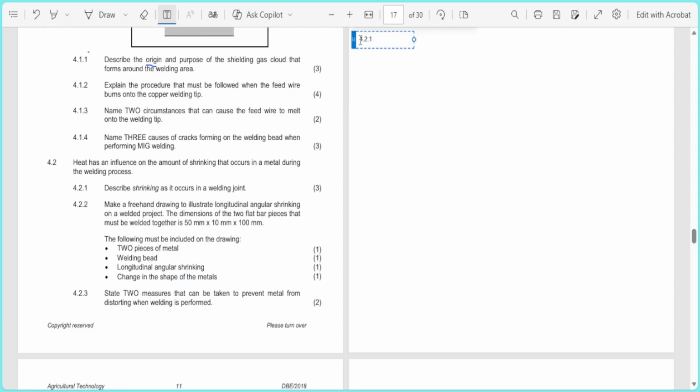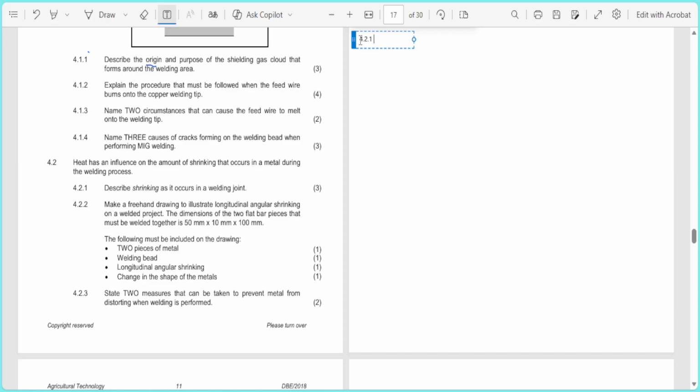So this is like fundamental physics applied to welding. This is basic physics, but think about it. A metal expands when hot, and then it contracts when cold. That's the catch here with shrinking.